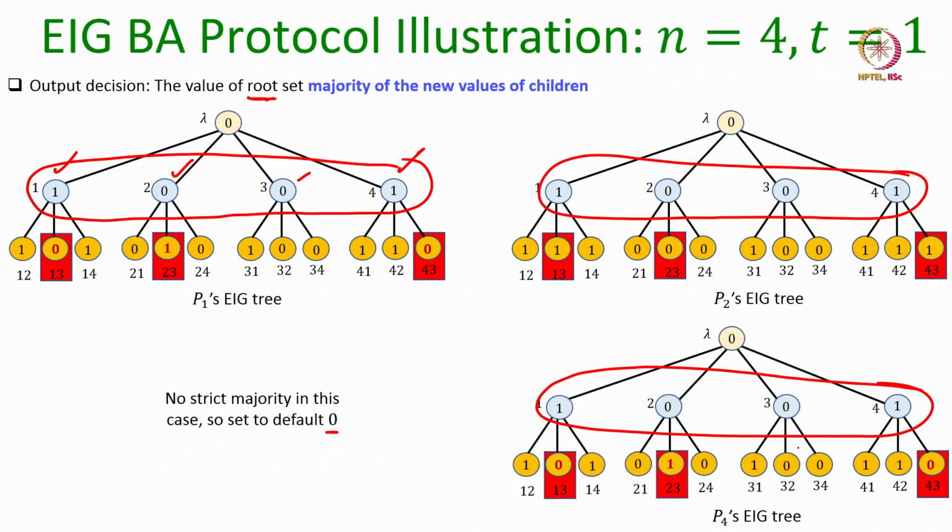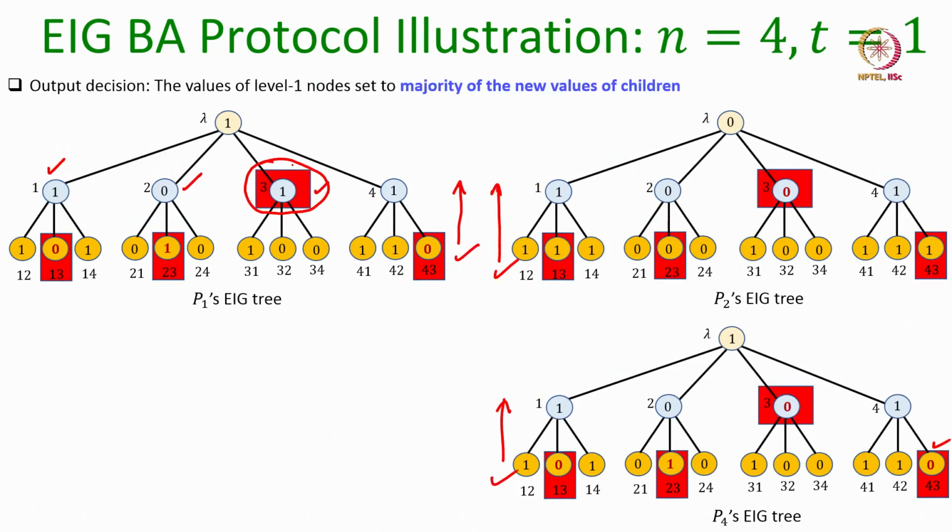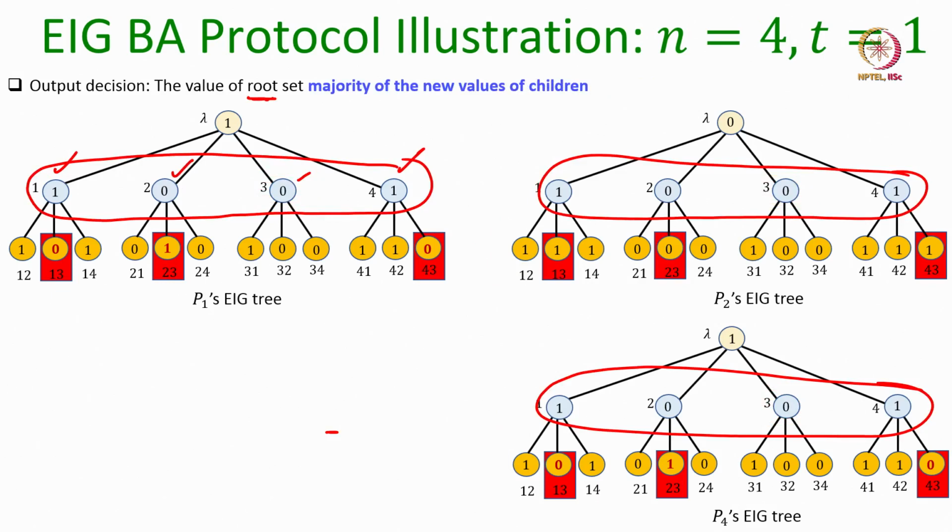So, even though the old values which were computed by the different EIG trees were different, recall if I go 2 slides back, the old values of this particular child of the root were different across different EIG trees, but now because of the reassignment process, the new values of all the children of the root turned out to be the same.